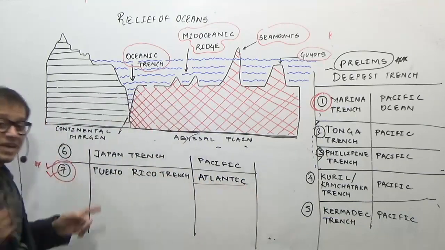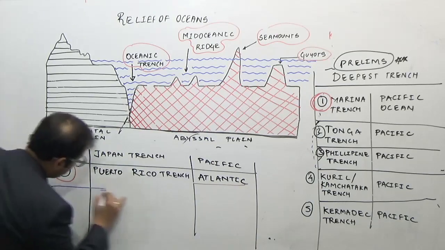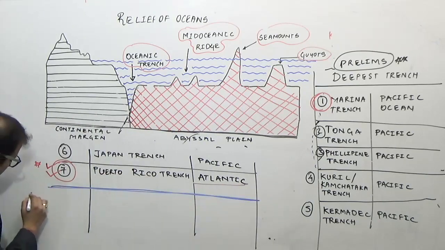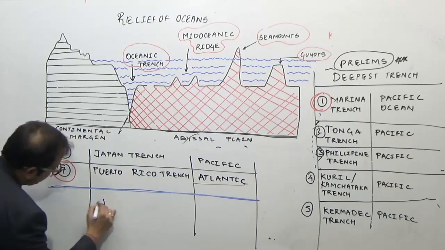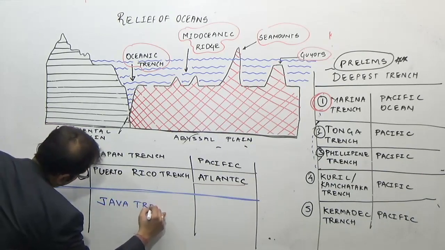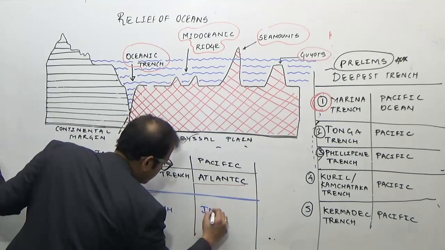Remember the things which are odd. Now, if you want the deepest trench of the Indian Ocean, it is the Java Trench. I am not giving you any numbering. The Java Trench is in the Indian Ocean.